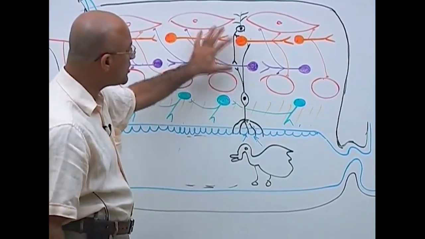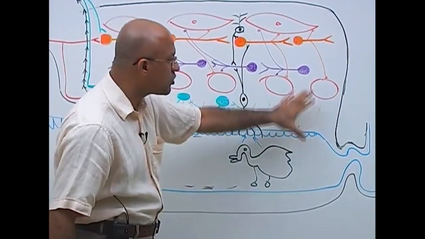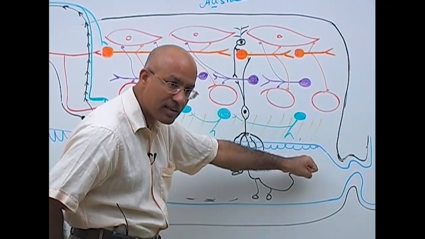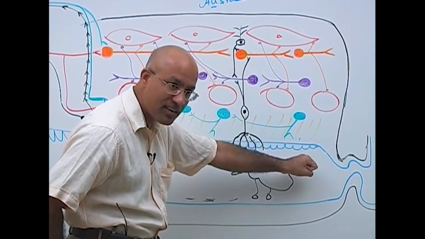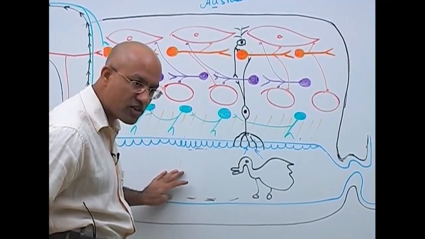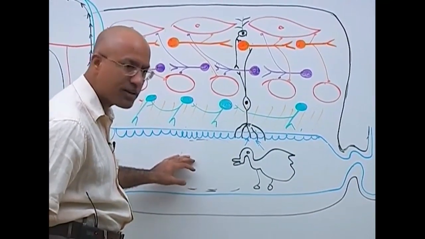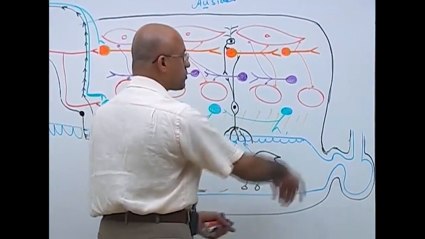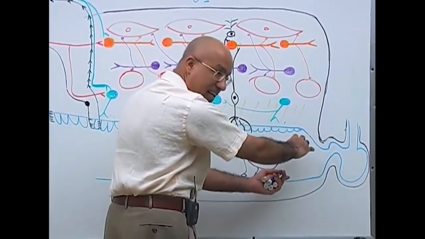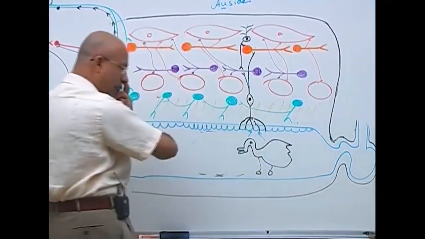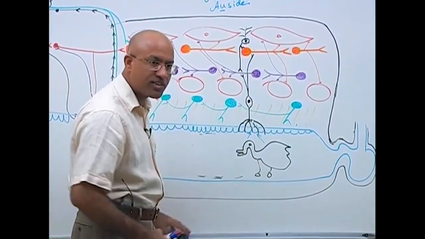Now we have to see how this system works to produce a contraction on the oral side of the stimulus, and how it produces receptive relaxation on the distal or anal side of the stimulus. For peristalsis, these muscles should contract and these muscles should relax, and this wave of contraction should pull the content of the GIT towards the anal side.